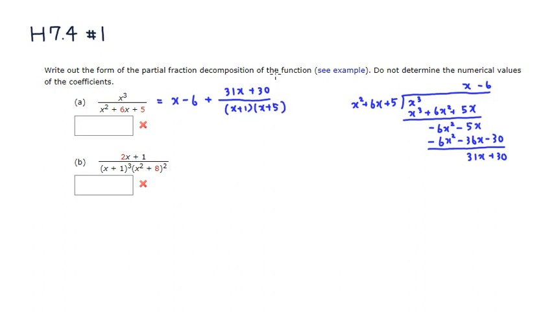So we cannot really do much with the first two terms, so you have x minus 6. But the rest is going to be split into A over x plus 1 and B over x plus 5. So let's type it in.